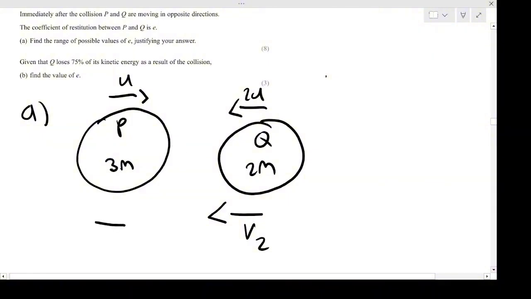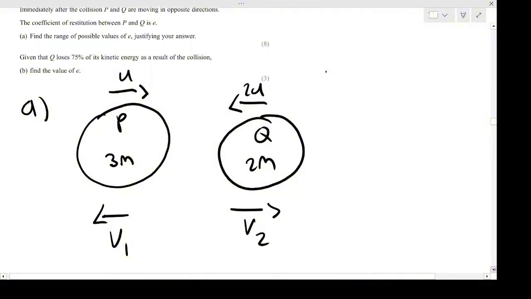Especially if P is then moving that way. It would have to phase through P, so that just cannot happen. So it has to move to the right. Generally, an exam tip, you want to take the speed of the second particle to the right, forwards, okay? Generally, it's what you want to do, okay? And so, therefore, if P moves opposite to that, it's going to have to move that way, okay? To the left, in the opposite direction. So there we are. So that's going to be V1, okay?